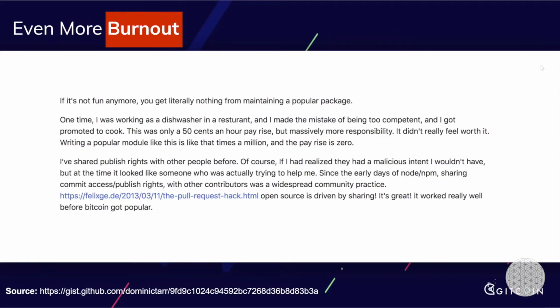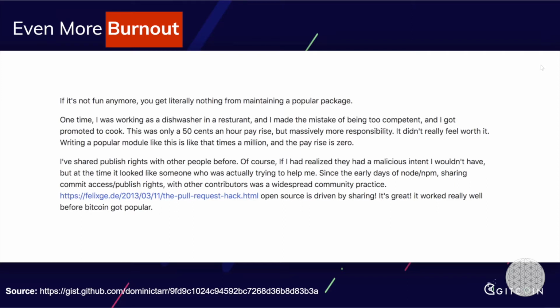I'll just give one more quick example here. Basically, Dominic Tarr, who is part of the decentralized web ecosystem as well through Secure Scuttlebutt, mentioned that he was maintaining a popular JavaScript library, which he eventually had to give up because of time commitments.